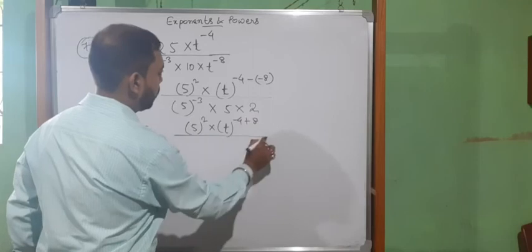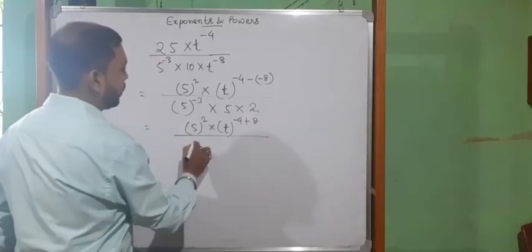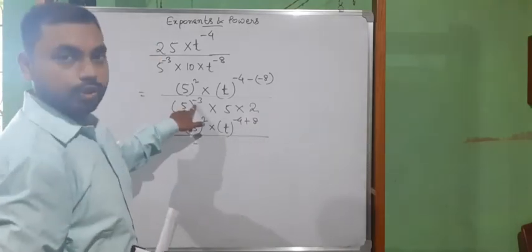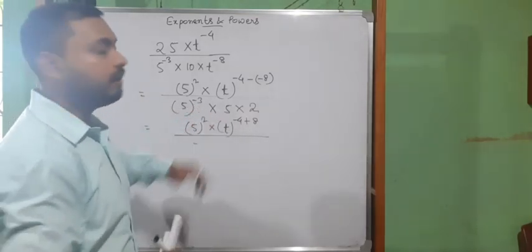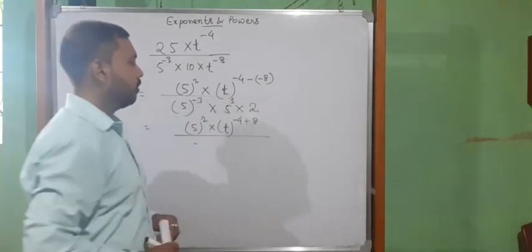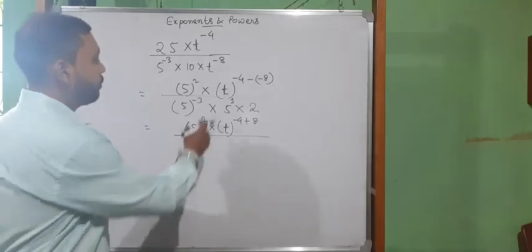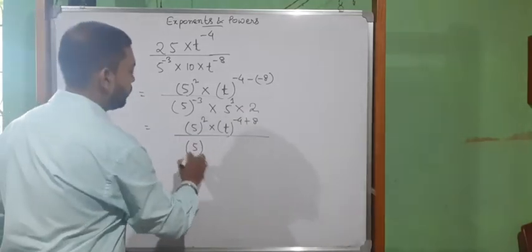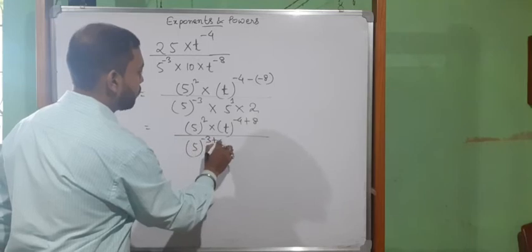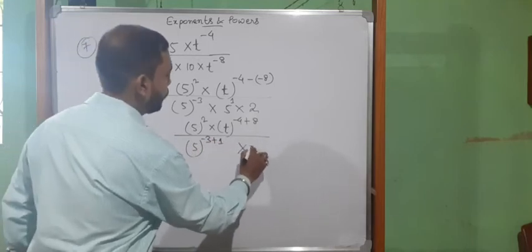Now it is 5 raised to the power minus 3 and only 5, so only 5 means here the power is 1. So we can add these powers according to the rule: 5 to the power minus 3 plus 1, into 2.